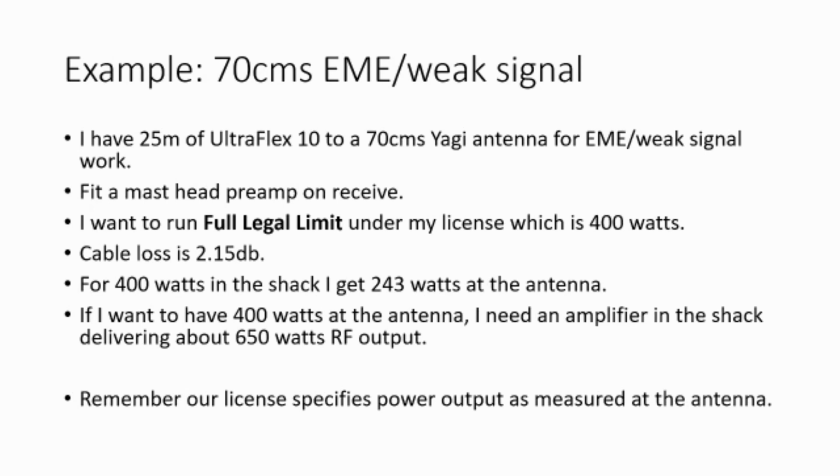Or you could move the 400 watt amplifier up to the masthead, but that mightn't be so easy to do. The one thing to remember is our license specifies the output power is measured at the antenna. So there's no problem running 650 watts in the shack if you know you're only getting 400 watts at the antenna.